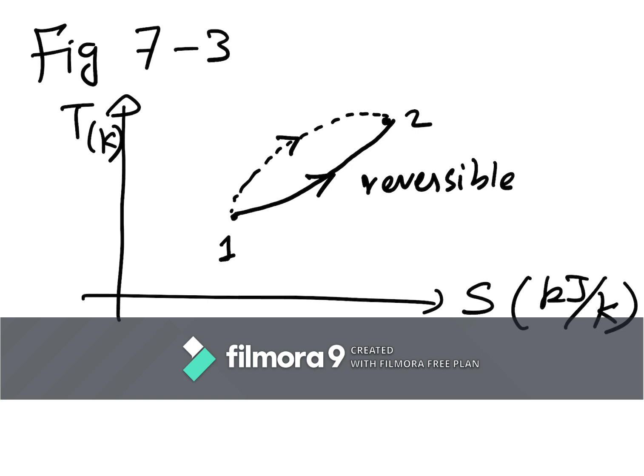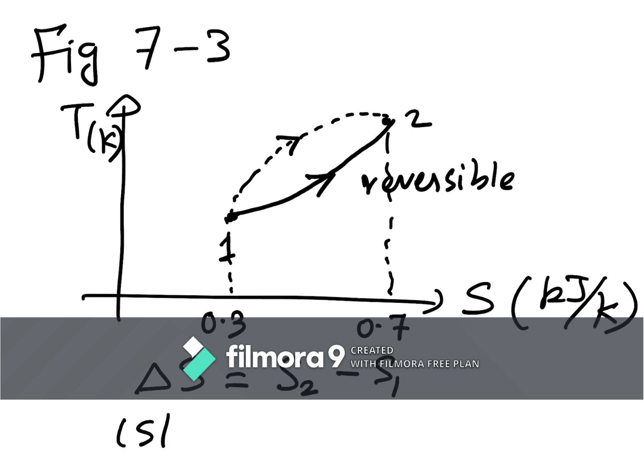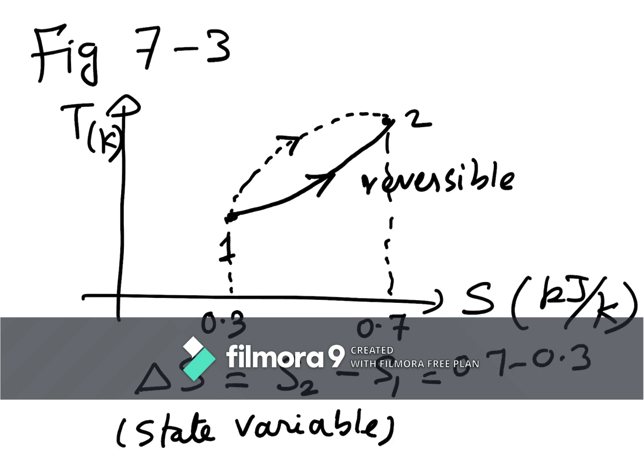Both are between 1 and 2, so the end state and the initial state are the same. If 1 has an entropy of 0.3 and 2 has an entropy of 0.7, then since entropy is a state variable, delta S is S2 minus S1, which is 0.7 minus 0.3 equals 0.4 kilojoules per Kelvin.